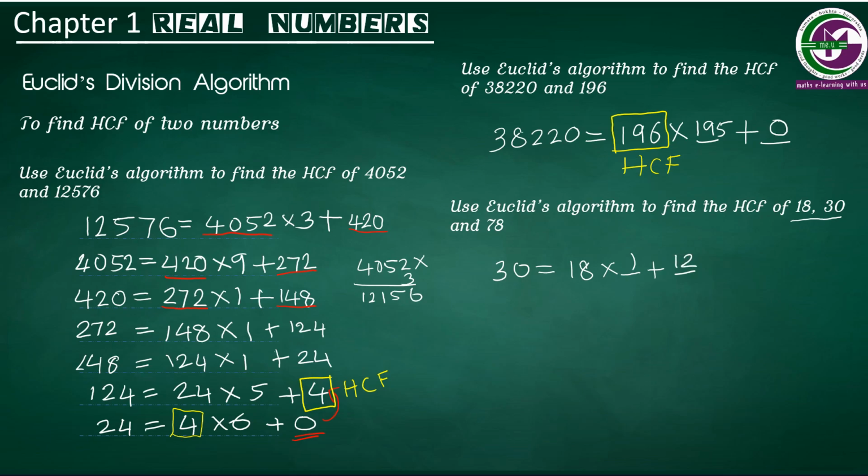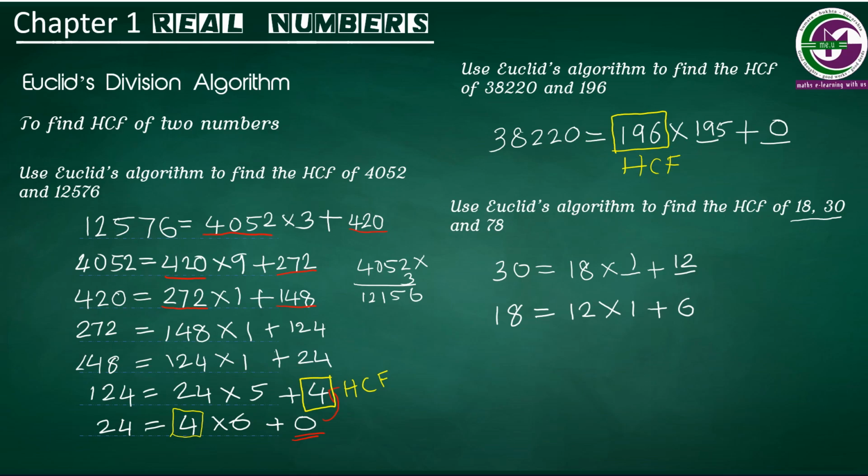Is that remainder 0? No, the remainder is not 0. So we need to continue. So we'll take 18 equals 12 times 1 plus it will leave a remainder 6. Is the remainder 0? No, the remainder is not 0. So we'll continue the step again.